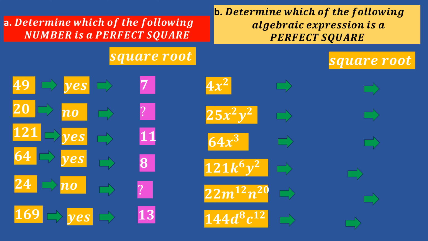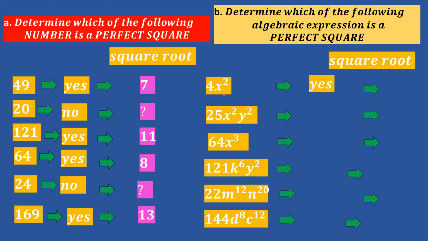What about 4x squared? Is 4x squared a perfect square? It's a yes. And what is its square root? Remember that the 4 as a constant has its square root, which is 2.